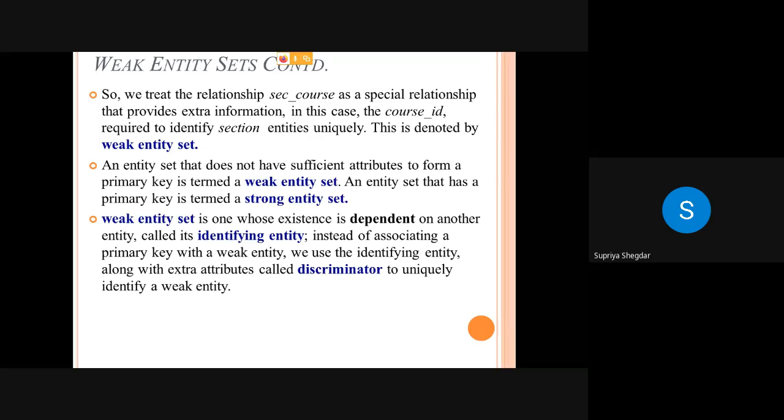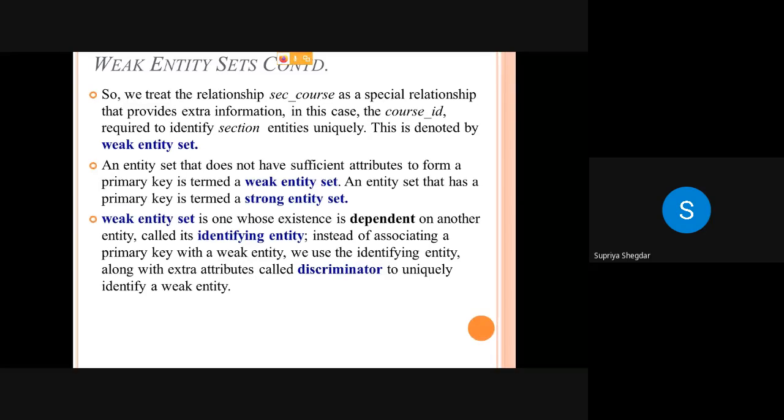And if we add the course ID attribute in the section entity, then the data may be duplicated, or there may be redundancy in the section course relationship. So we consider this particular relationship as a weak entity set.